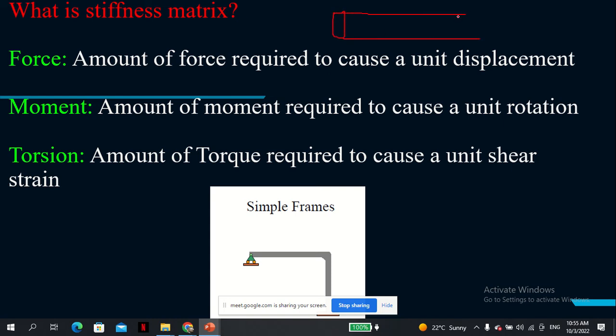Your structure that you're talking about, there are several degrees of freedom. One, there is a shear force, and then there is a moment. It's possible, and then it's also possible to have a torque.